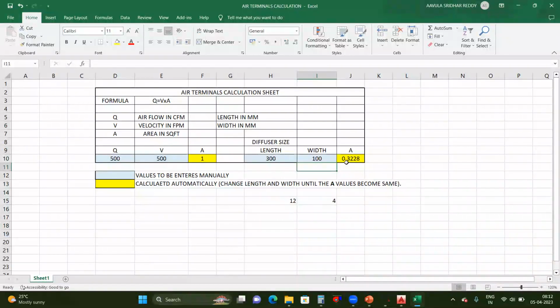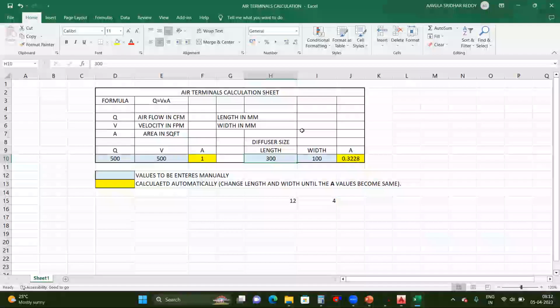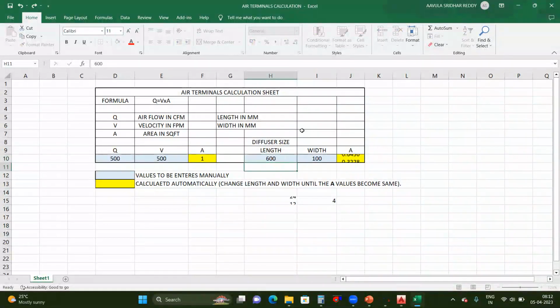Okay. So the area is still less. We need to increase it. 600. No. 900. Yes. 0.96. So we can say it as a 900 by 100 length of grill.